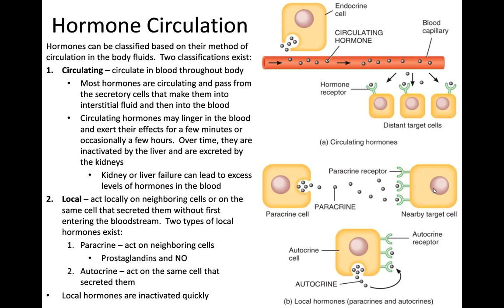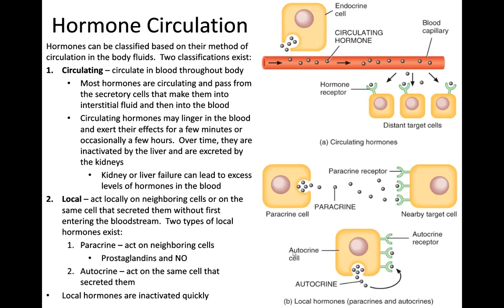No blood has to be used to carry that hormone to a nearby target cell where it then produces a response. Examples of paracrine hormones include prostaglandins, and NO there for nitric oxide, which we'll talk a little bit about, not a whole lot.